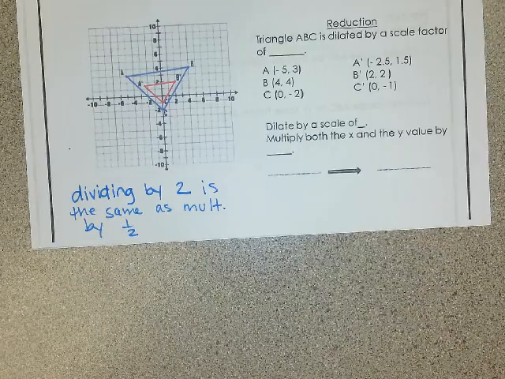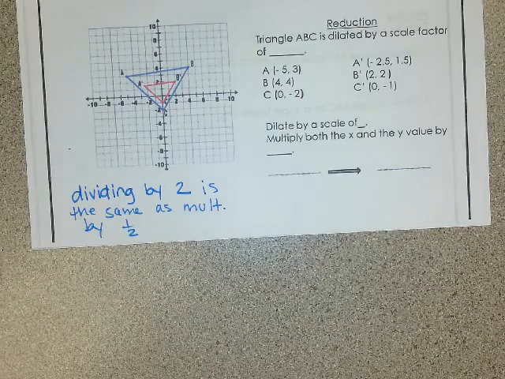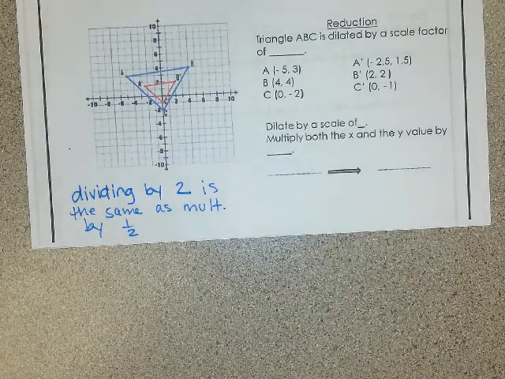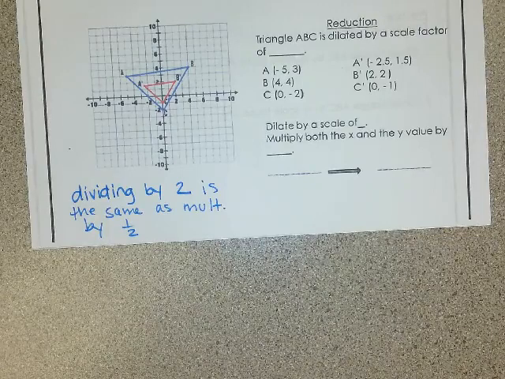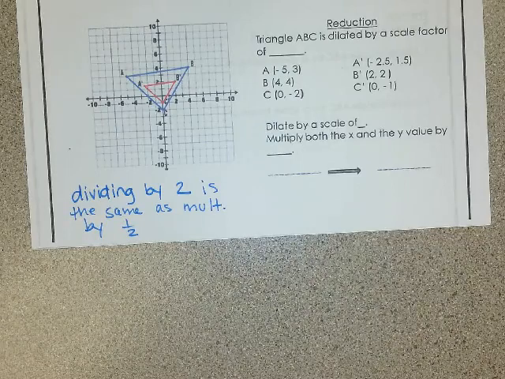Remember we got that up. Oh, sorry. All right, so what if I was dividing by 4? What would that be the same as if I tried to multiply? Dividing by 2 is the same as multiplying by a half.